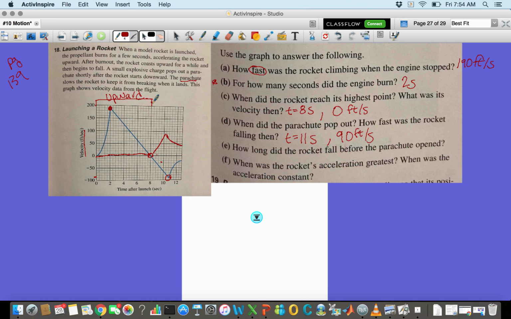We only start moving downward after velocity becomes negative. It's wanting to know how long it actually fell. So from here to here, starting at 8 to about 11. So this answer would be about 3 seconds. We fell for about 3 seconds before that parachute opened.